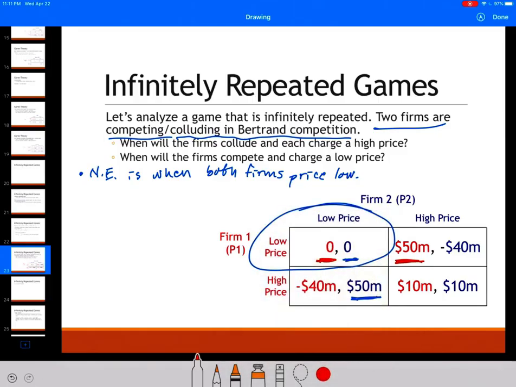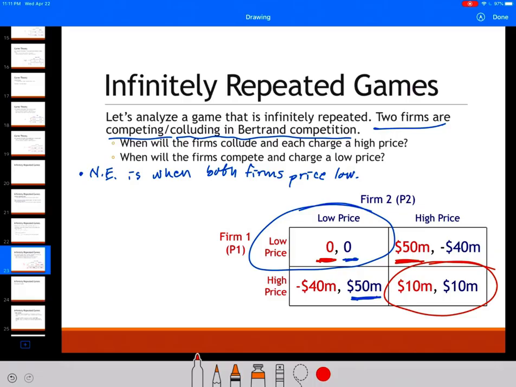The question we want to address now is, because this is an infinitely repeated game, is there ever an instance where both firms could collude and charge the monopoly price? It turns out it is the case, because what we have to do is figure out the present value of them competing and colluding over time.